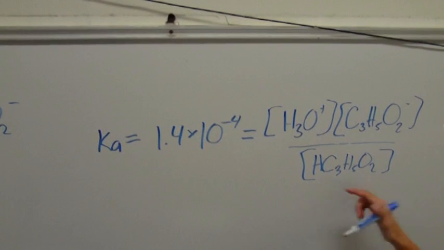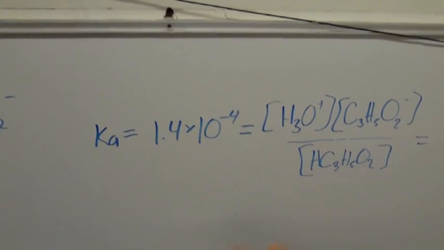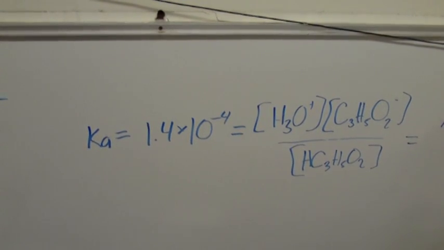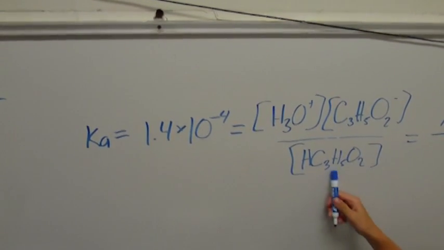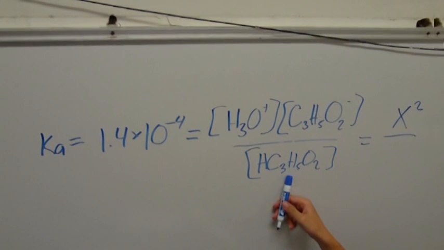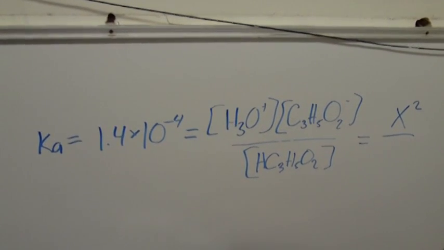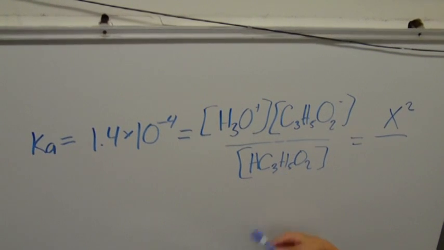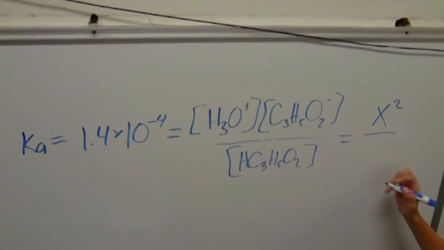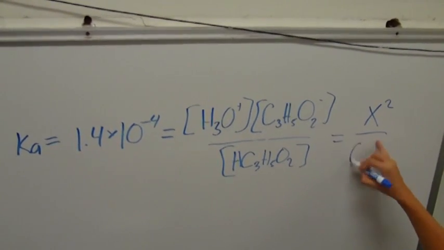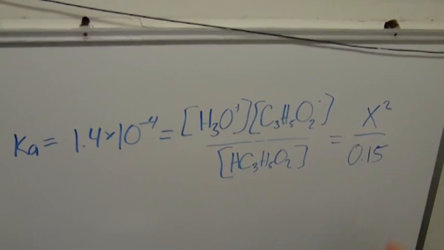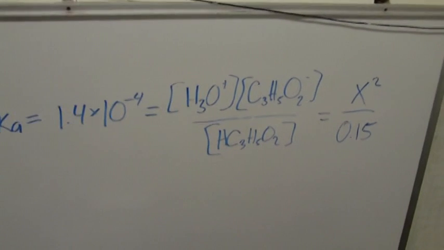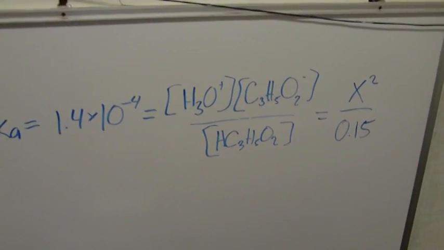If we plug in our equilibrium concentrations, we end up with x times x, so x squared, over the acid concentration. We can assume the change is so small that we can get rid of the minus x and just use our initial concentration, because that's why it's called a weak acid: it doesn't dissociate very much.